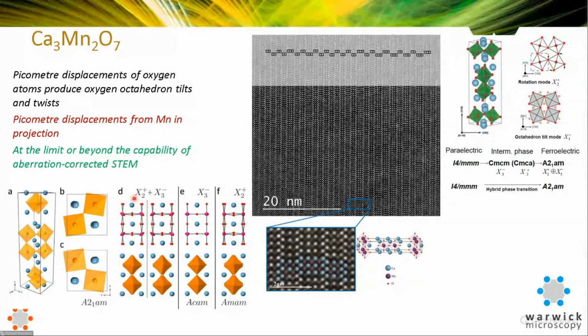And in calcium manganate, you get a combination of a tilt and a twist. You've got 2 different modes going on at the same time, which give you this multiple set of displacements of the oxygen atoms. It's also a little bit complicated in that you can see you also have some stacking faults here. So here it should be just 2 blocks, but occasionally you get the 3 block.